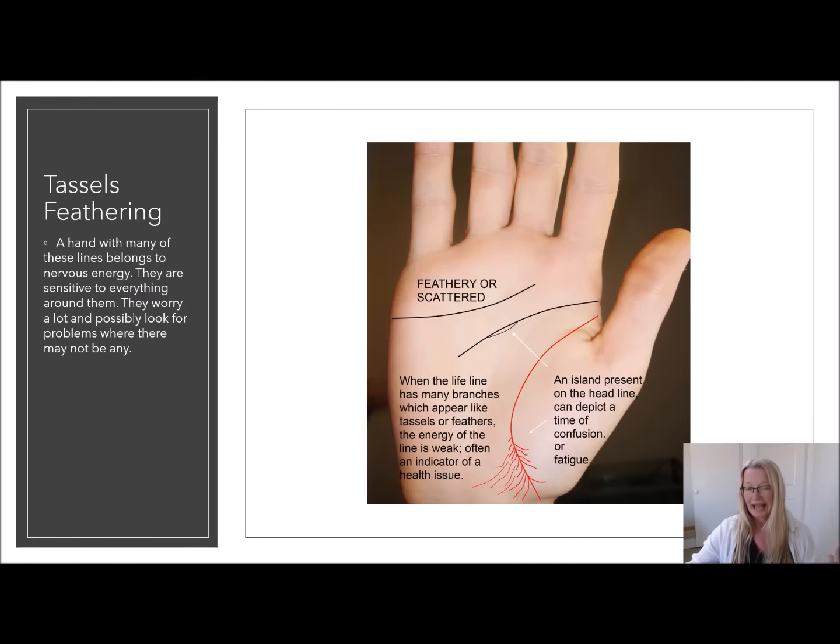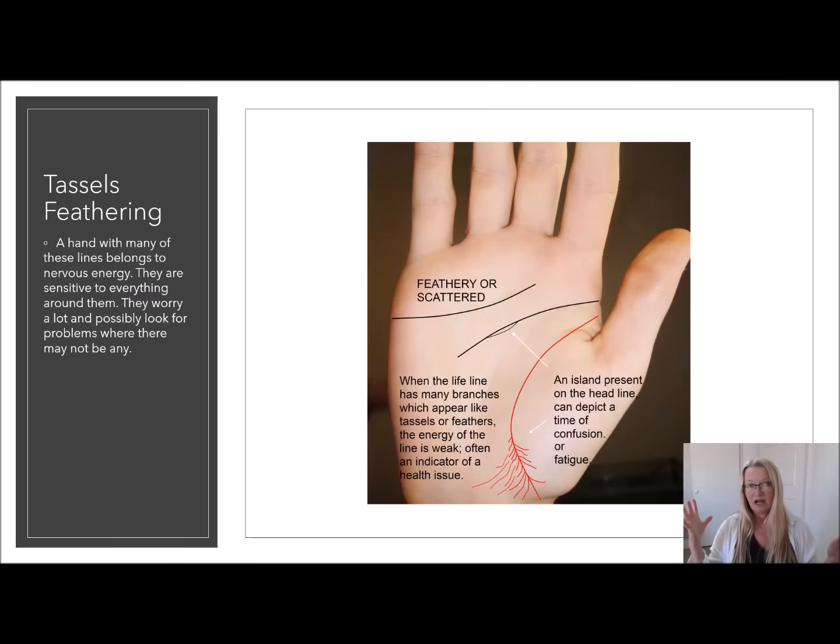That can represent health issues. It can indicate tiredness, a period of confusion. Look to the headline. If there's an island there, it can also reflect what's going on in the lifeline.